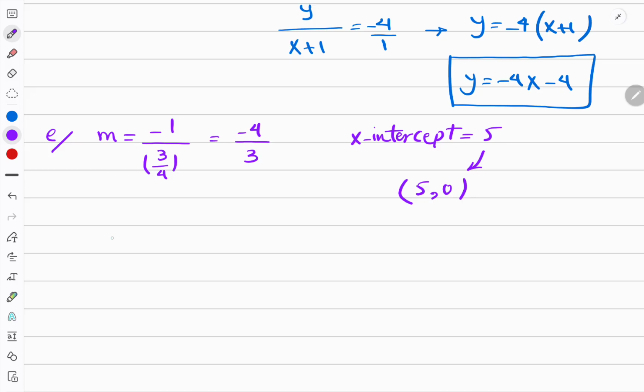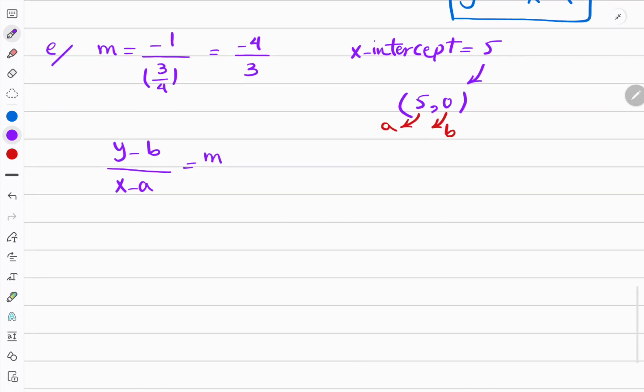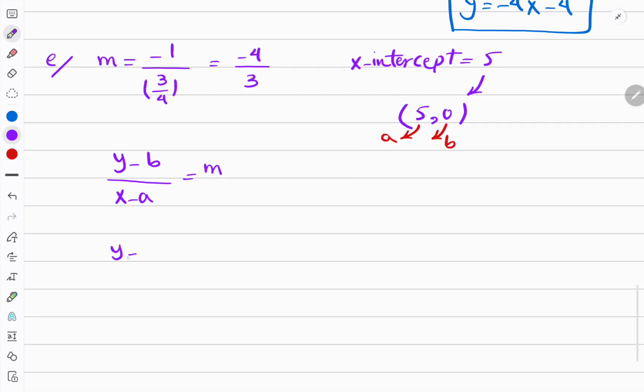Okay, so according to this formula, y minus b over x minus a equals m, y minus 0 over x minus 5 equals negative 4/3.